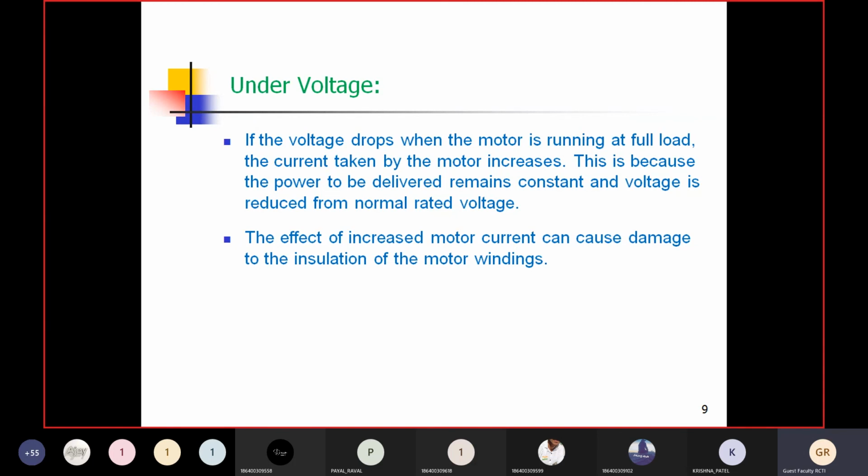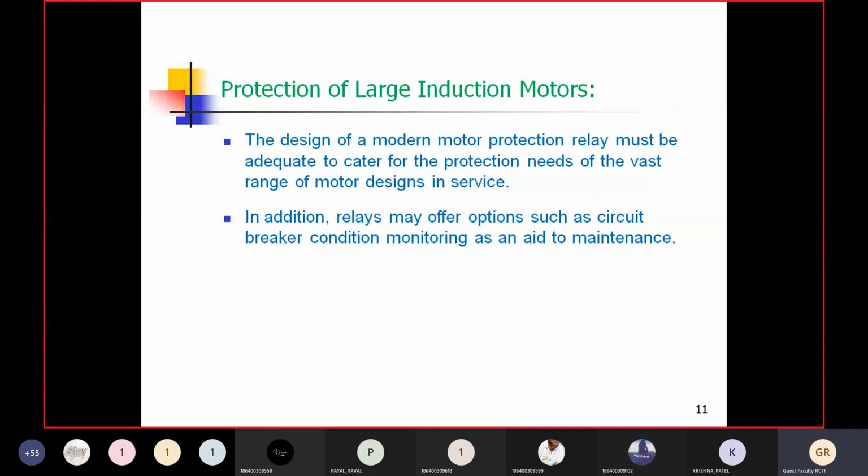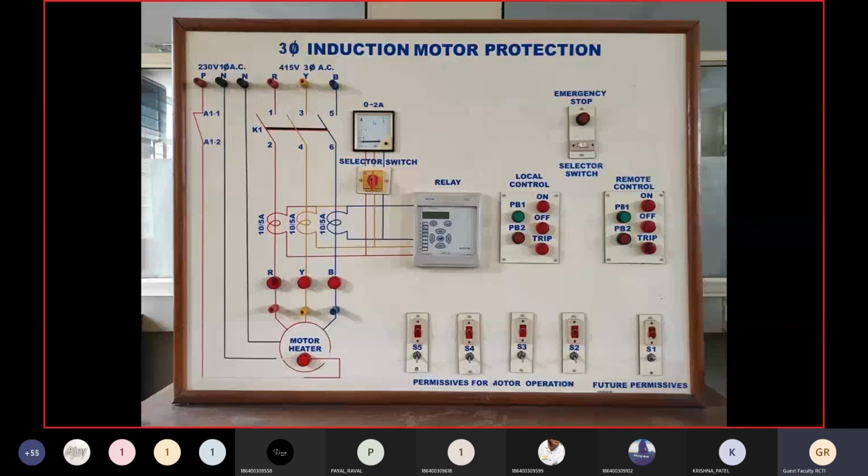For that purpose I may take one more session like this if your college invites me, and if you find it interesting. So right now I will try to restrict myself to thermal overload protection only. Then in the future, if time permits, in the next session I am going to cover other protections.